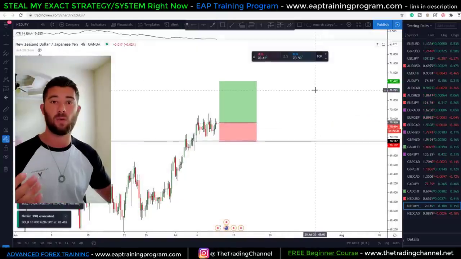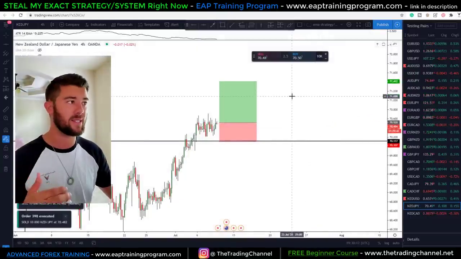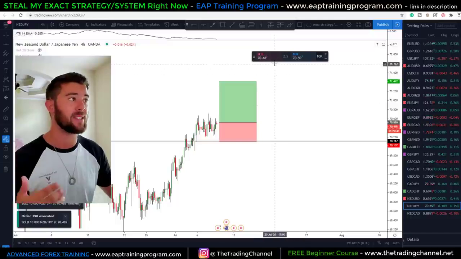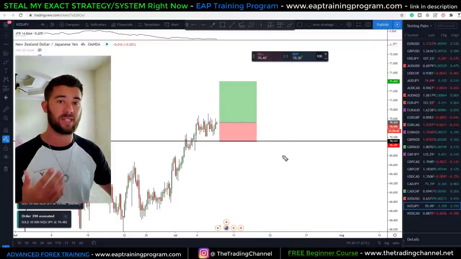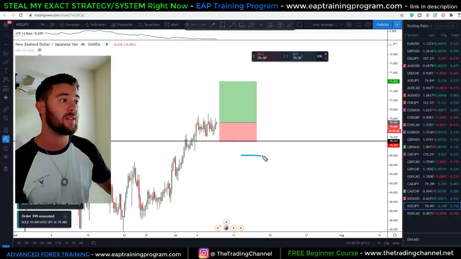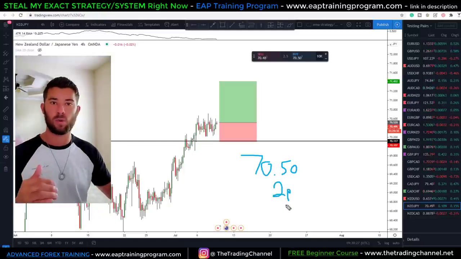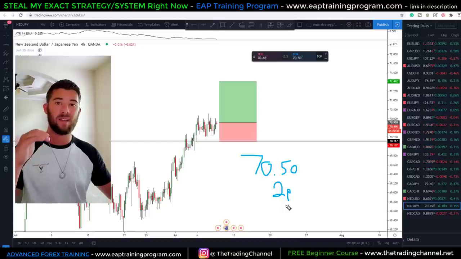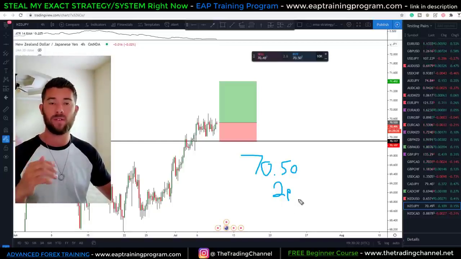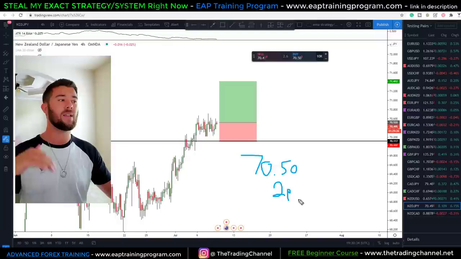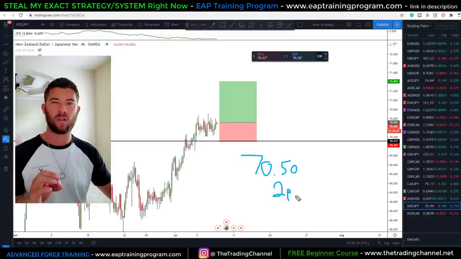In terms of a sell order, what you'll do in this case is the exact opposite. Using our example again, let's say the current price of the New Zealand yen was 70.50, and we had a 2 pip spread. With a sell market order, you would be telling your brokerage, I want in at exactly 70.50, if that's what the New Zealand yen is at right now, and you want in at the best price your broker can give you.